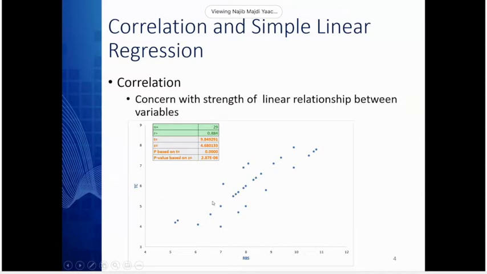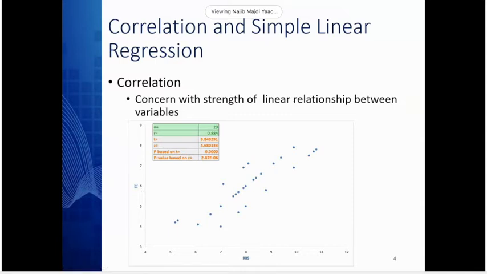When we are not interested in prediction, it does not matter which one is the independent, which one is the dependent variable. Whereas for regression analysis, we are trying to predict total cholesterol, the dependent variable, based on one independent variable, RBS. So we are trying to predict total cholesterol level based on random blood sugar. For correlation analysis, it does not matter which one is the independent, which one is the dependent variable.